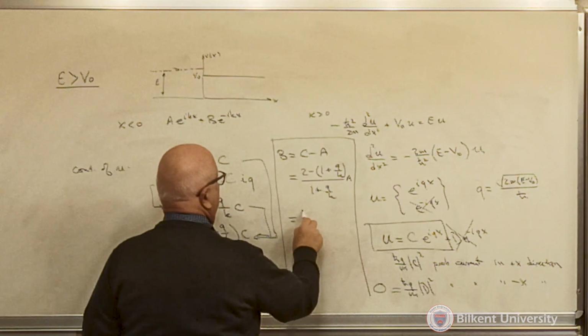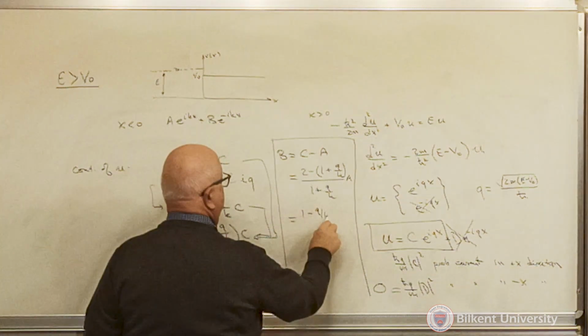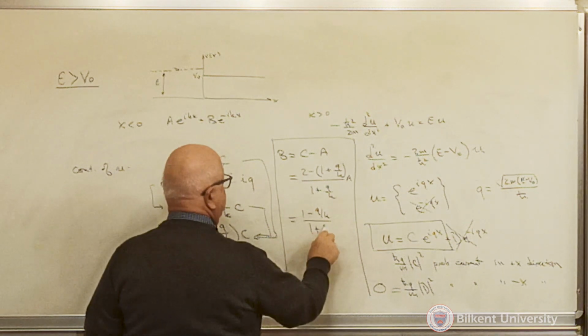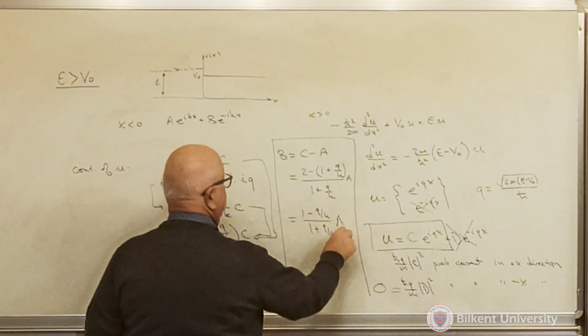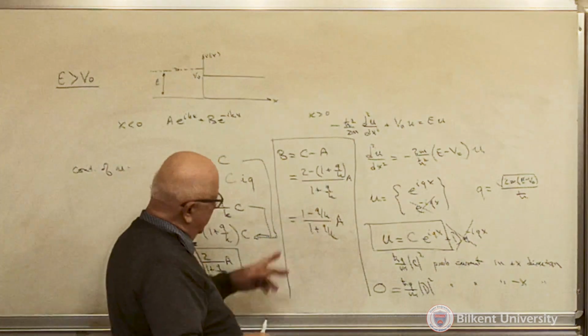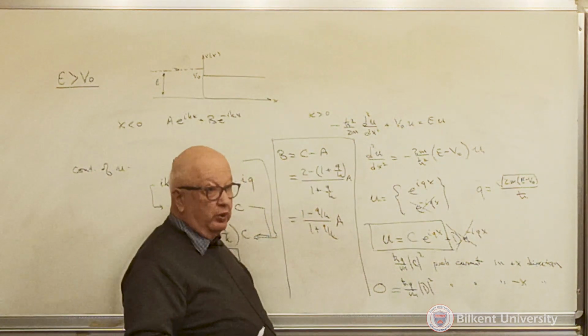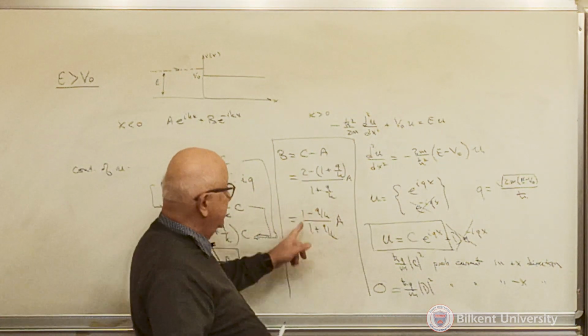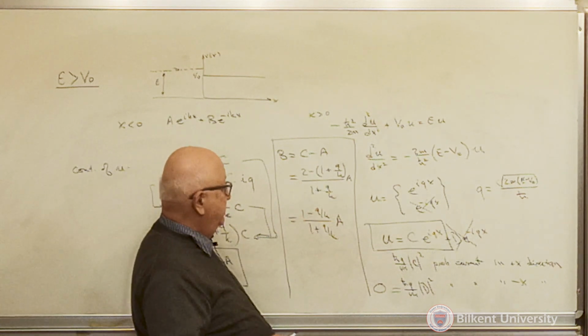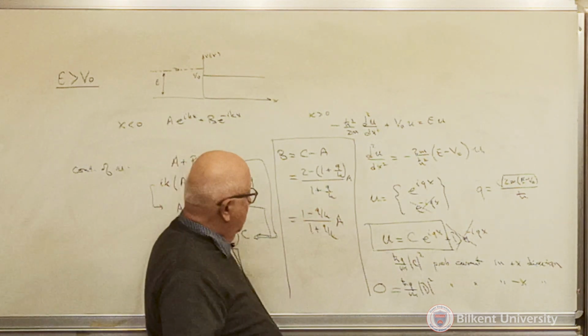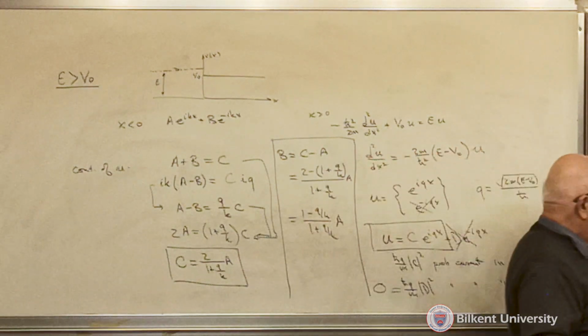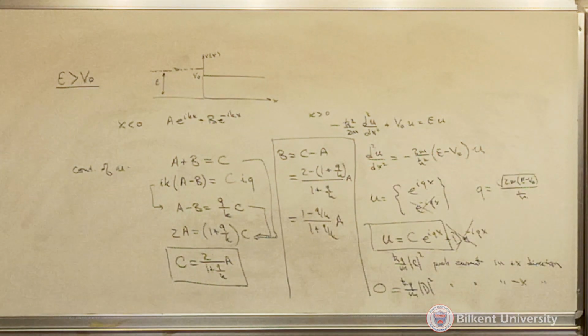So I have 1 minus q over k over 1 plus q over k times a. Now you see the magnitude squared of this is not going to be 1, right? Because this is all real, and I have to be careful. All right, so let's see what that is going to give us.